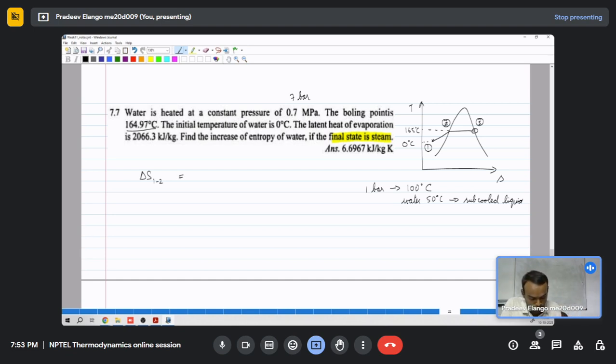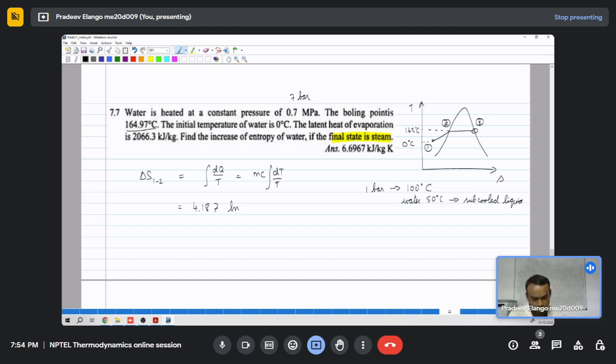For the process 1 to 2, the temperature keeps on changing as the heat is added. So the change in entropy can be given by the integral of dq by T. This is mc into dT by T. Then we will have the ln terms. m should be taken as 1, and c of the water we know is 4.187 kilojoule per kg Kelvin, and integrating dT by T, we will have ln of final temperature by initial temperature.